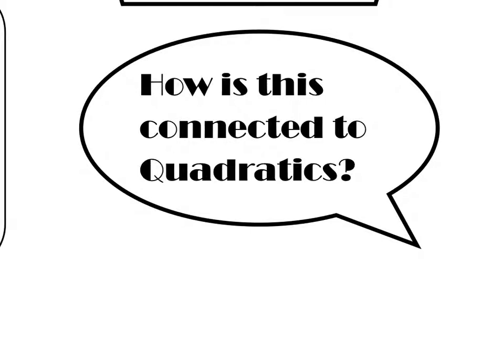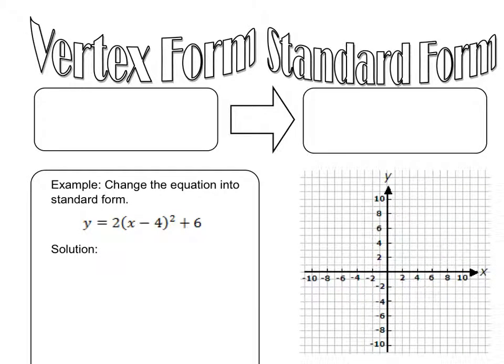So now the question is, okay, that's cool, Jen, but how is this connected to quadratics and why do I need to do this? What happens is this gives us a chance to take our vertex form, which we've already looked at, that looks like this, where we're able to find the vertex, which is at (h, k), and change it into a form that looks like this.